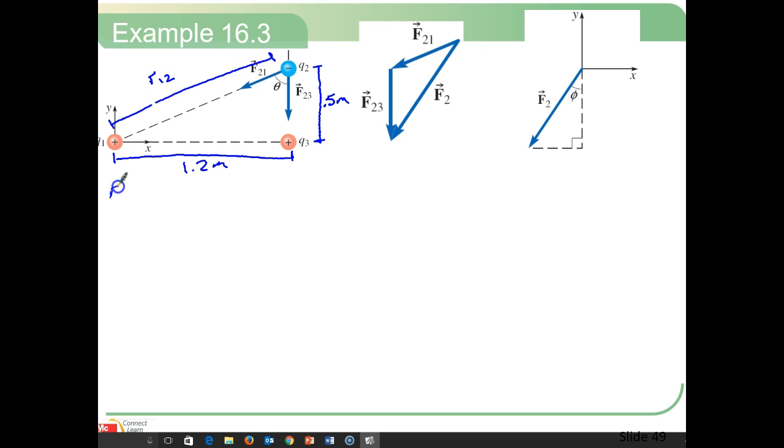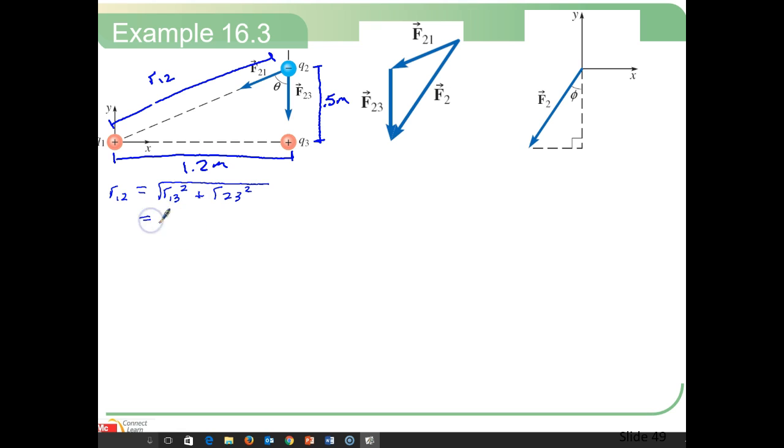I need to find r12, and notice that we've made a really nice right triangle. So that should be equal to the square root of r13 squared plus r23 squared. Here's our r13, here's our r23.